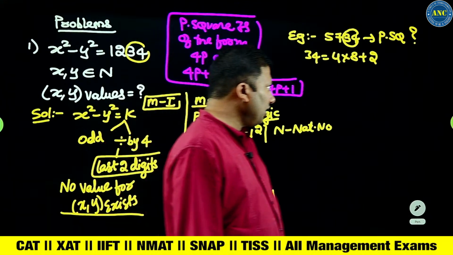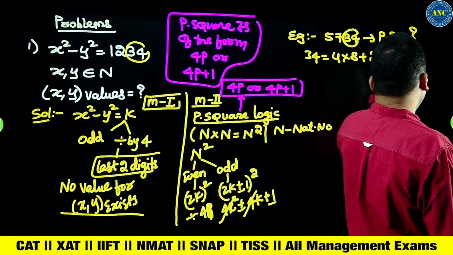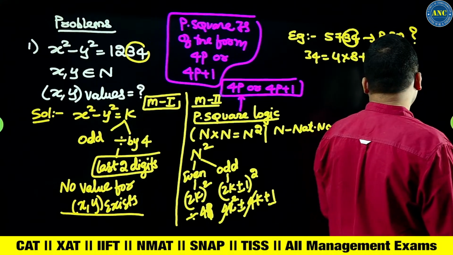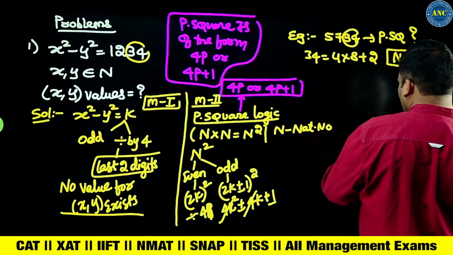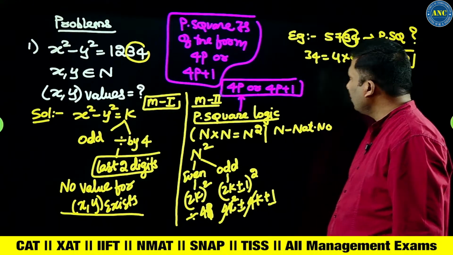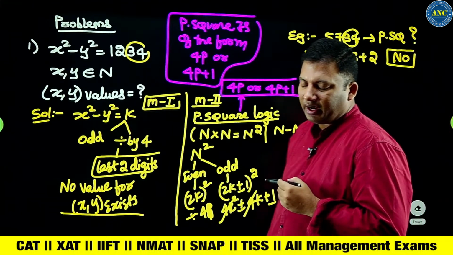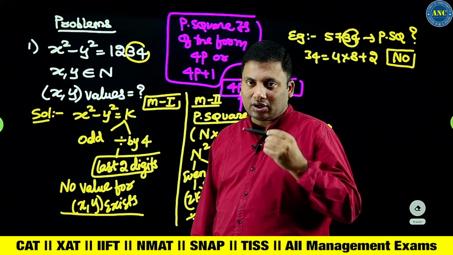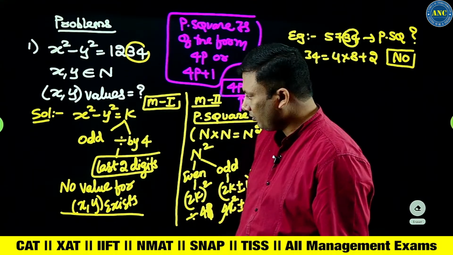It will not be a perfect square. The answer for this question is no. Is the idea clear? 5734, last two digits are 34. 4 8s are 32, remainder 2.